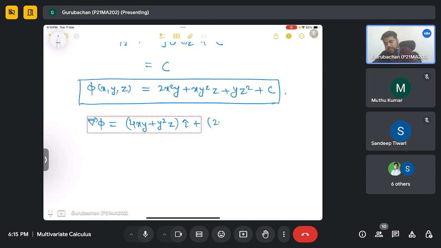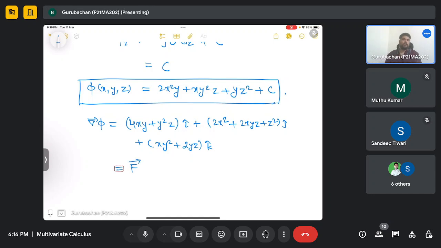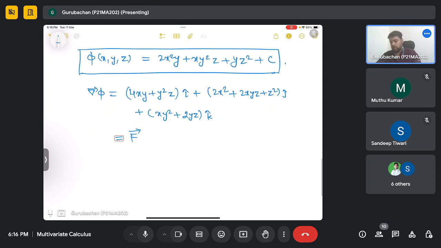Now, with respect to y, it will give us 2x square plus 2xyz plus z square j cap plus 2x. With respect to z, it will be 0. So it will be xy square plus 2yz k cap. And this is exactly our vector field f. So we can say that we have found the correct gradient function that we required.